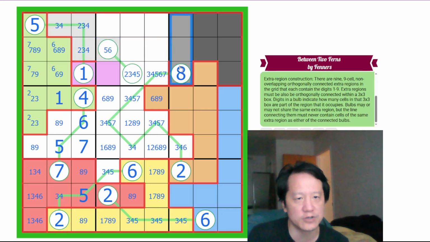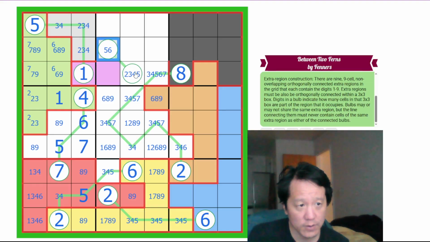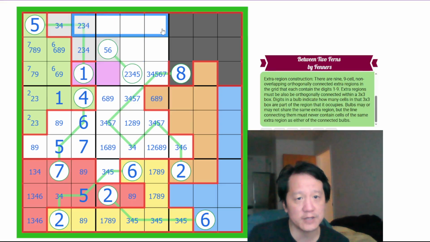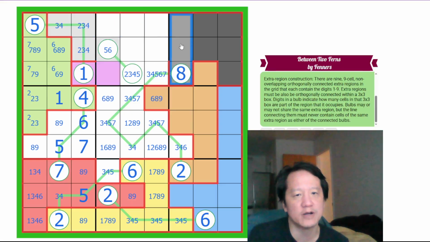It can't be part of dark, and if we try to exit out, it can't exit out as its own region. So it has to be pink or light. And we've ruled out pink because if we try to go pink, it has at least 3 digits here. So it has to go that way, and then light would have to go around here, but that would block dark from being a full 9-cell region. So this is light, which is 5 or 6.